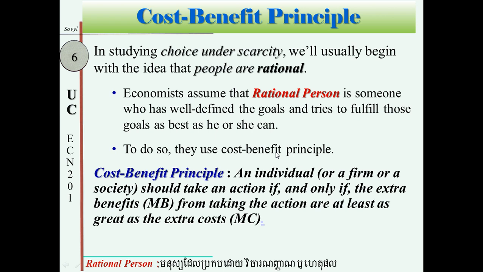That's why, in order to reach that goal or plan, they use the cost-benefit principle. So what is the cost-benefit principle? It refers to a person, an individual, a firm, a country, a society, a province, who should take one action if and only if the extra benefits from that action are at least as great as the extra cost.